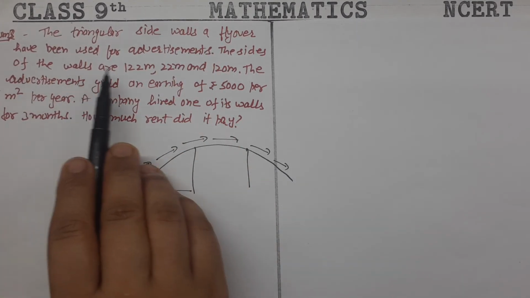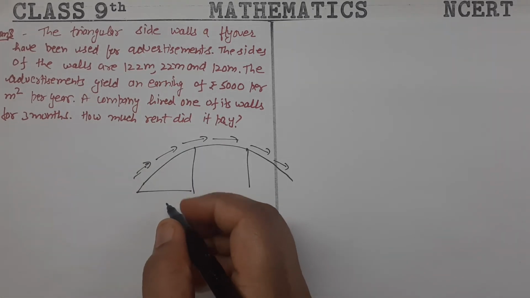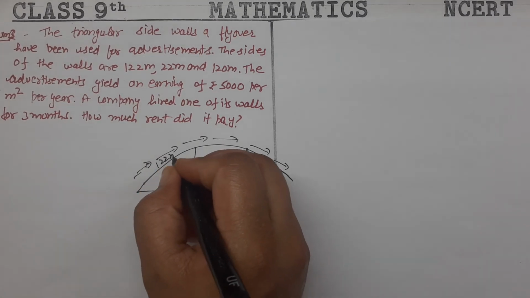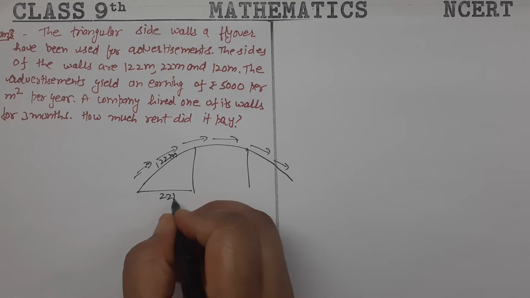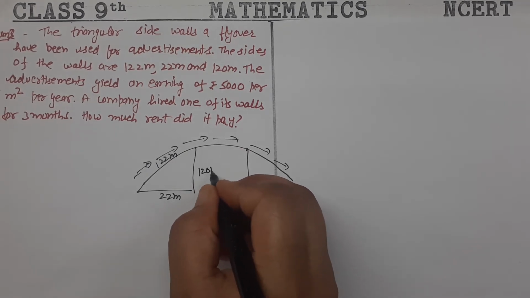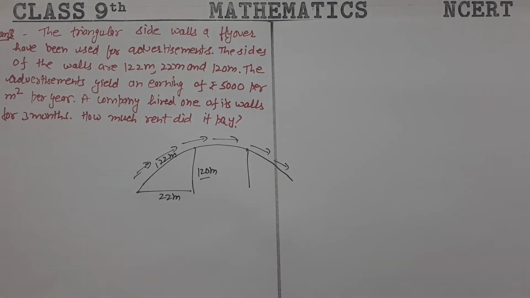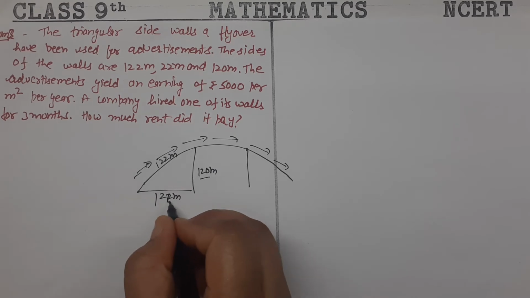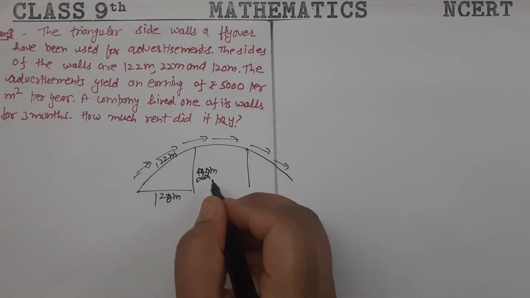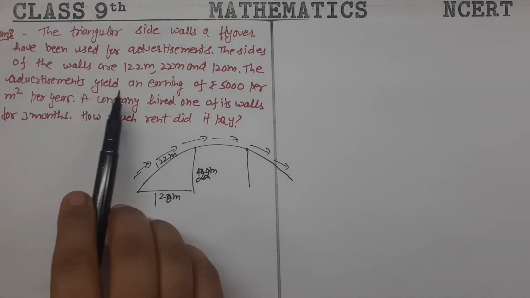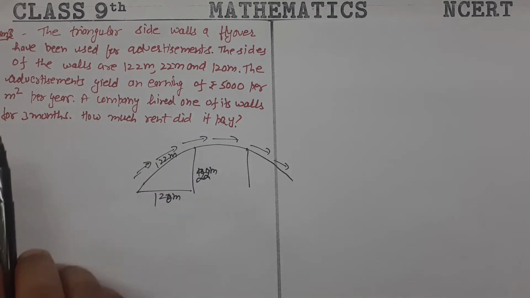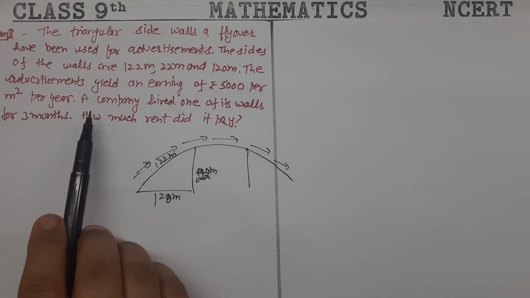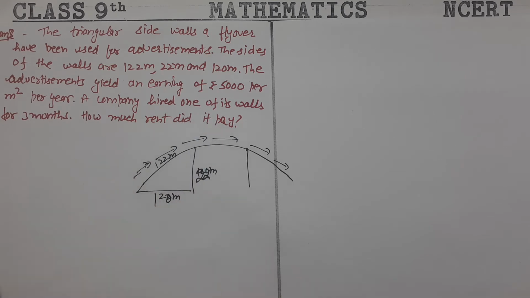The sides of the walls are 122, 22, 120 meter. The advertisements yield an earning of rupees 5,000 per meter square per year. A company hired one of its walls for 3 months. How much rent did it pay?